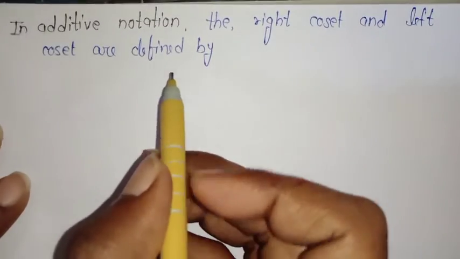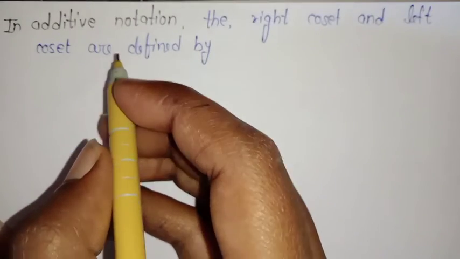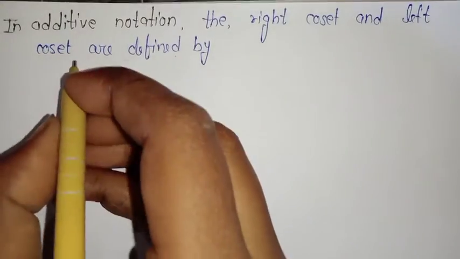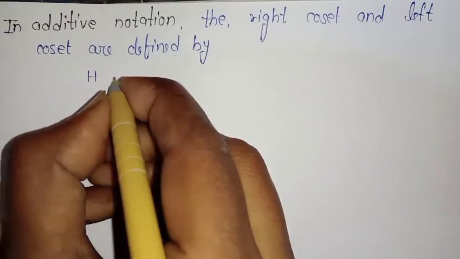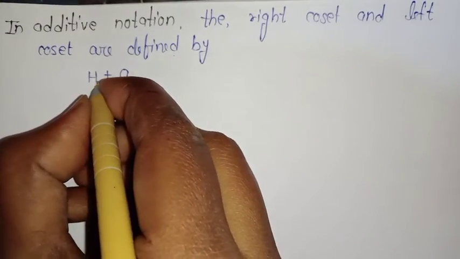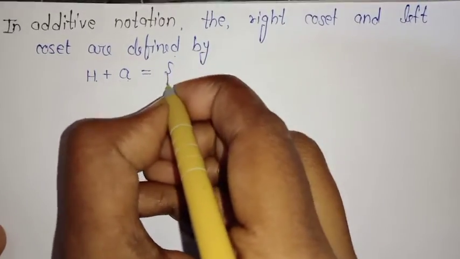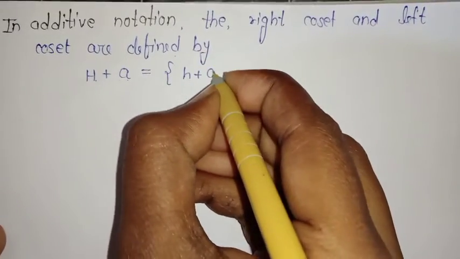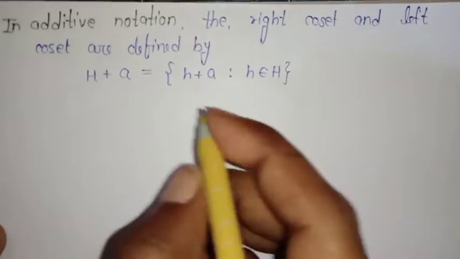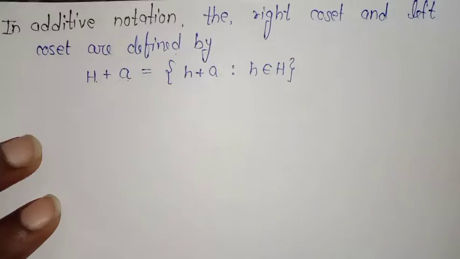In the case of the multiplicative group, we were multiplying the element with the subgroup H. Now we define the coset with respect to the additive group. So in this case, we add the element of the group G with the subgroup H, and we get elements of the form h plus a such that h is coming from H. You can see we are applying the same definition, but that was with multiplication and this is with addition.